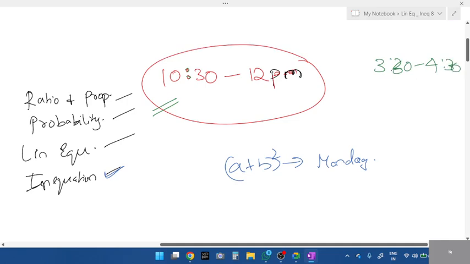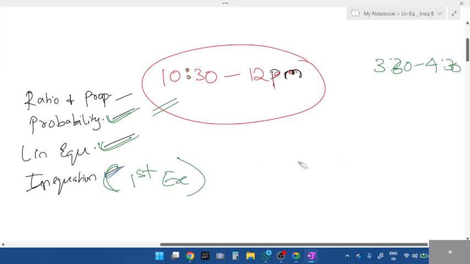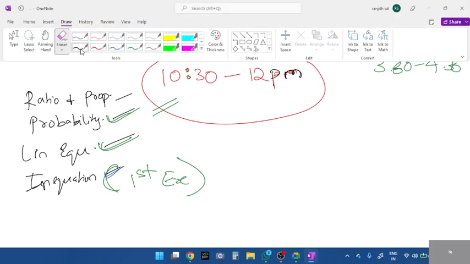I'll be doing revision on linear equation chapter and probability. In equation, I'll just give first exercise, whatever we completed now. Is it clear? In equation, only the first exercise.